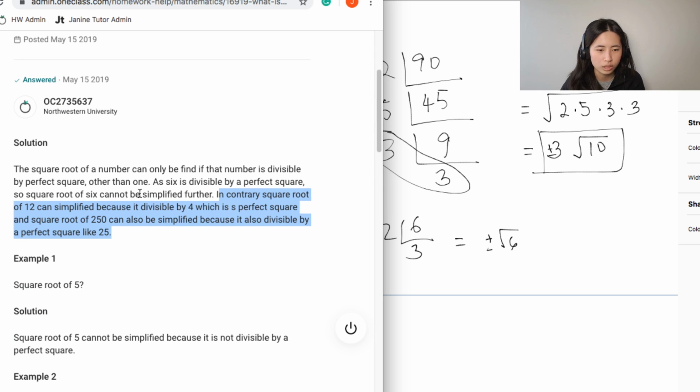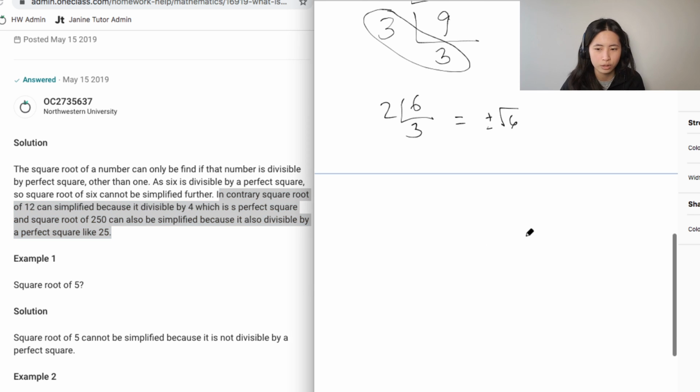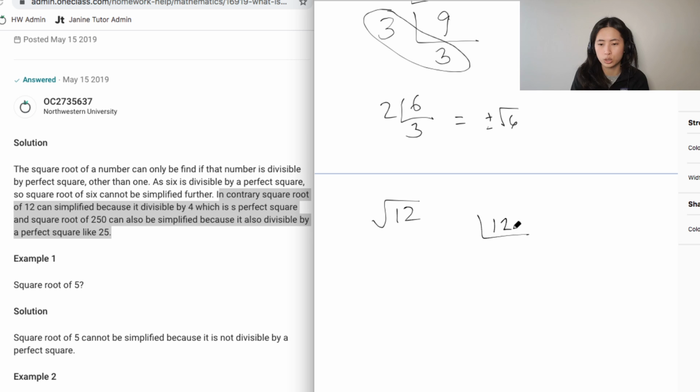But what they're trying to say here is if you take the square root of 12, it can be simplified. So let's take a look at 12. When you apply synthetic division to 12, you're going to see that 12 is divisible by 2. So 12 divided by 2 is going to be 6, divided by 2, you're going to see that this is 3. So in fact, you can pair the numbers. You can have in one group 2 of your 2's.